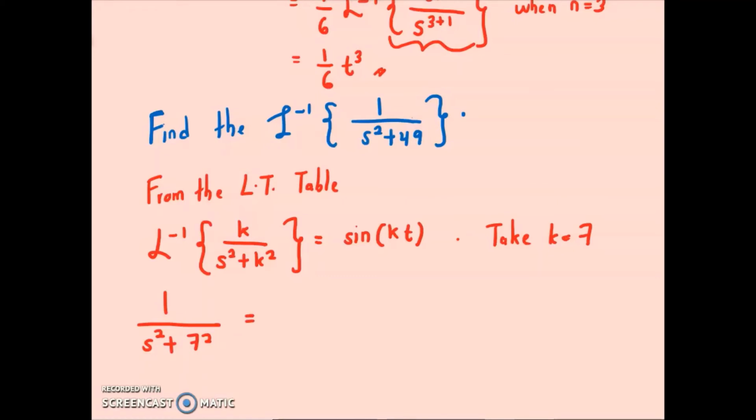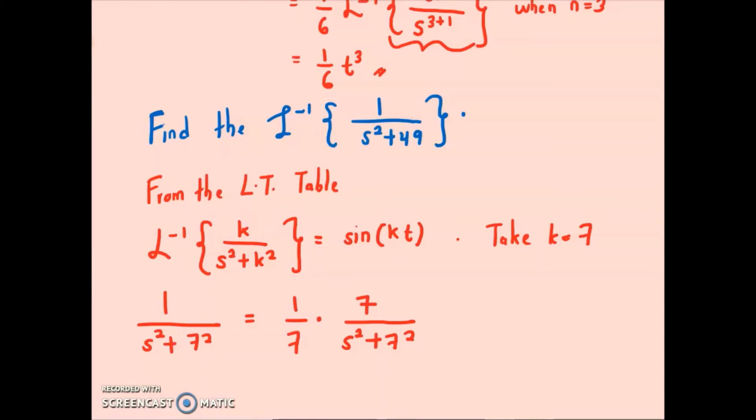I have 1 here, so it means that I need 1 over 7 times 7 over s squared plus 7 squared. Are you with me? So that if I cancel the 7 out, I'll get 1 over s squared plus 7 squared.